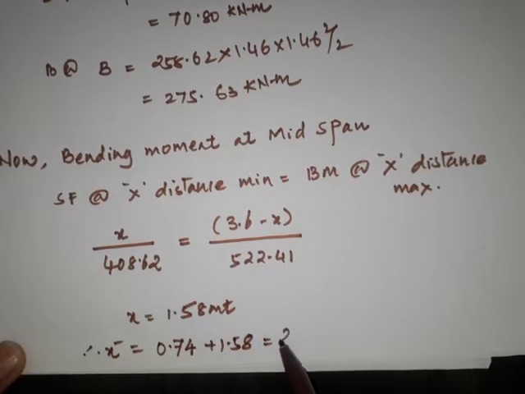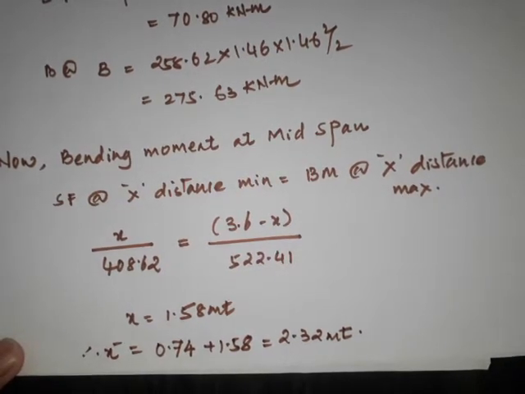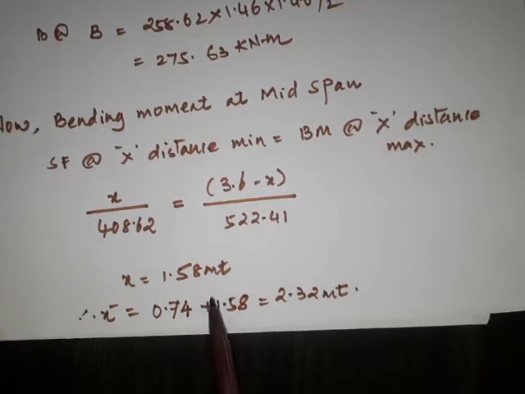So we get 2.32 meter. What does it mean? We will get the maximum bending moment at mid span at a distance of 2.32 meter from the left end.